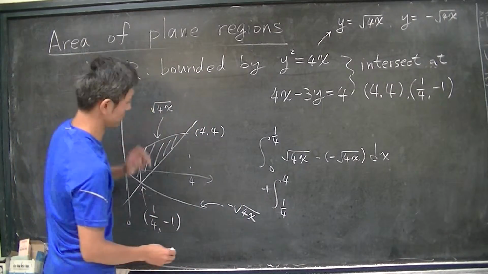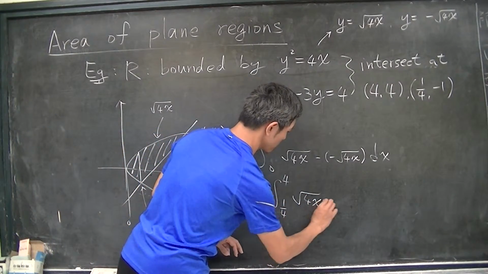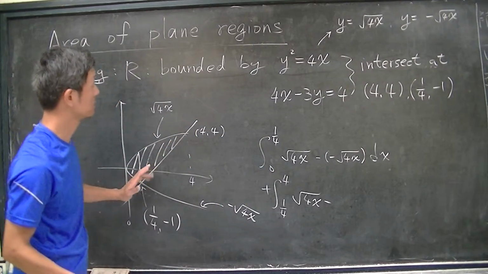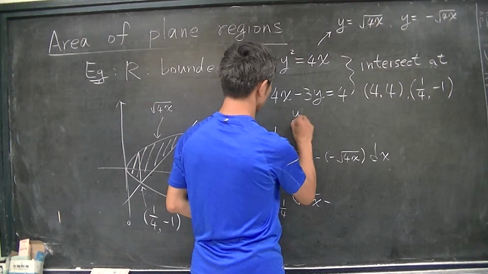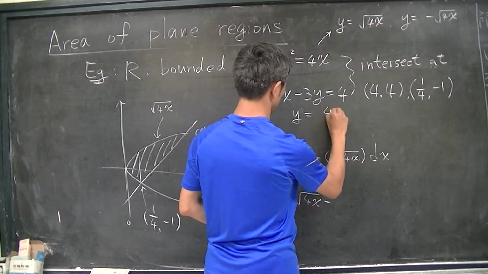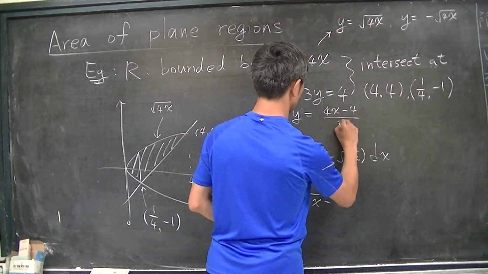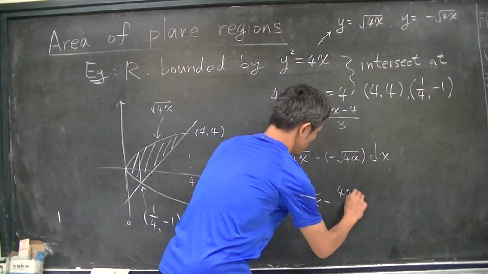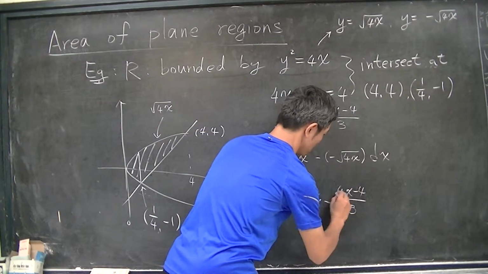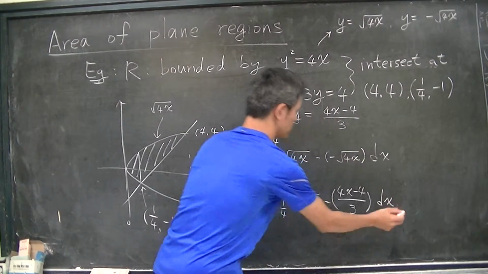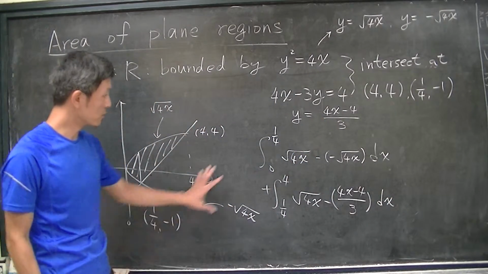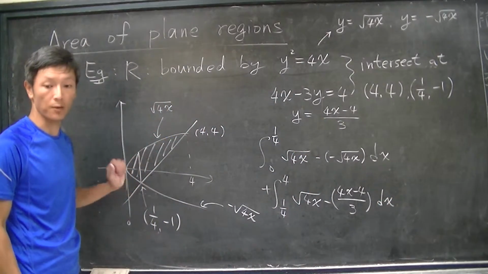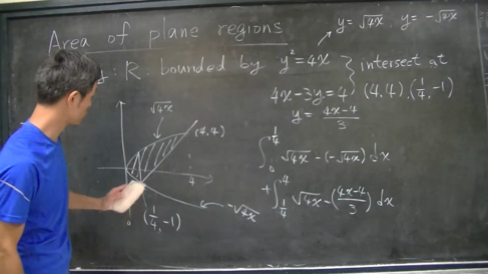Then the top one is square root of 4x, and the bottom one is here, where y is equal to (4x minus 4) over 3. So we can use this way to compute this area. But there's another way to do it.